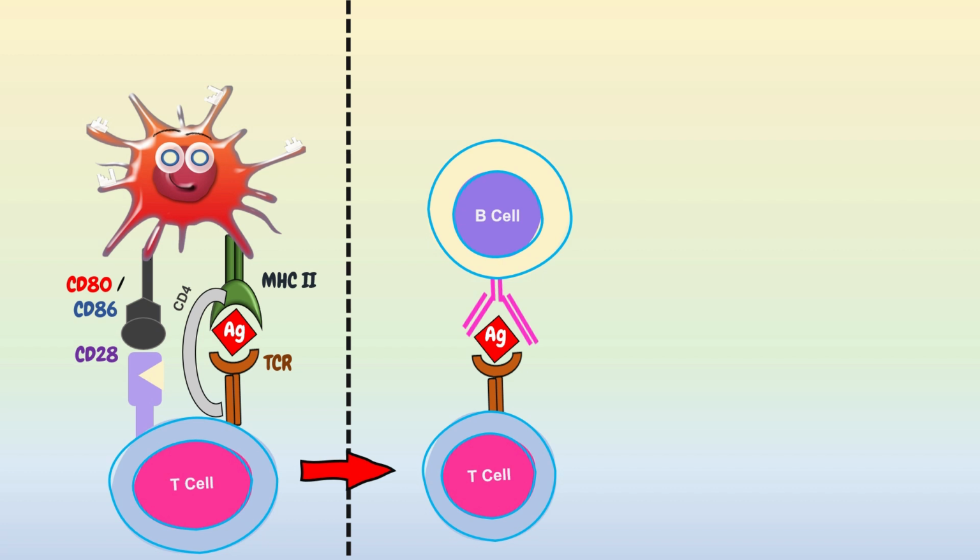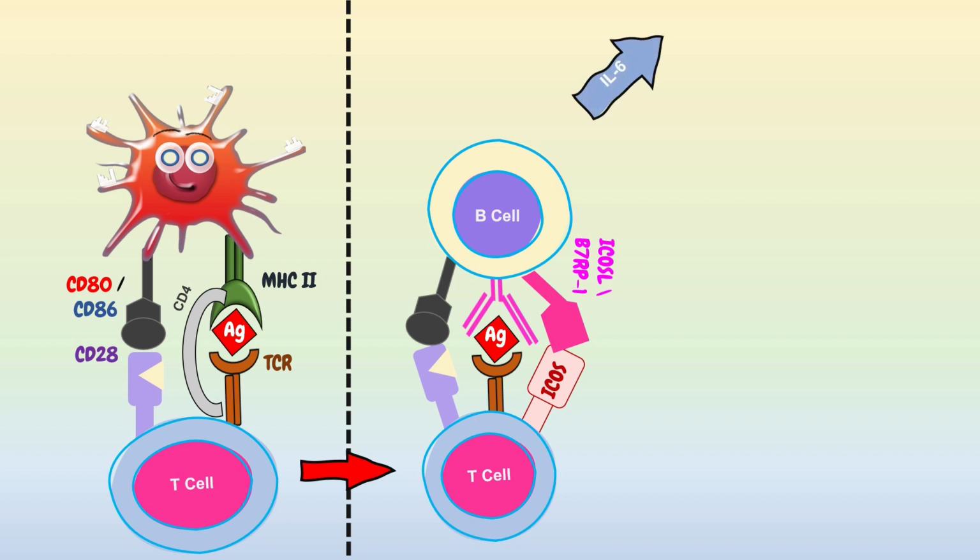CD80 and CD86 bind with CD28. There is also interaction of inducible co-stimulator and inducible co-stimulator ligand, also called B7H or B7RP1. Now B cells produce interleukin-6 that causes the generation of plasma cells that produce the antibodies.